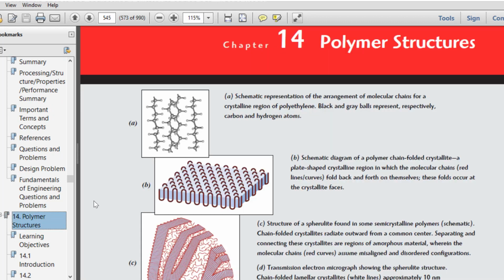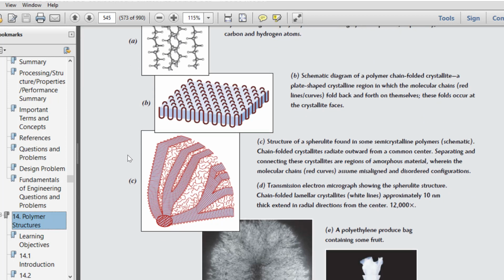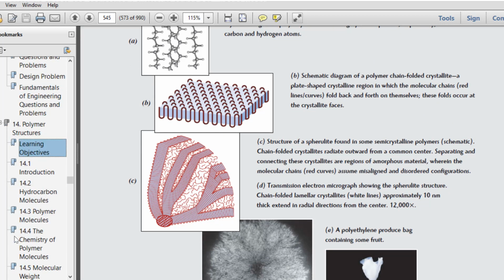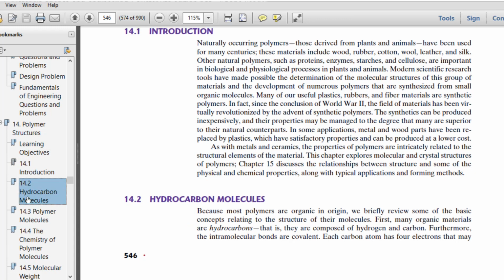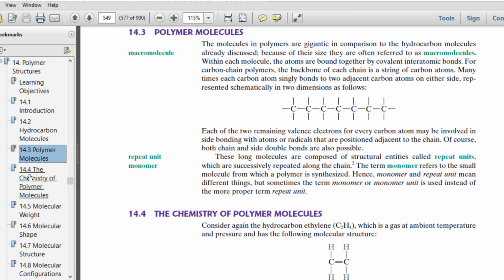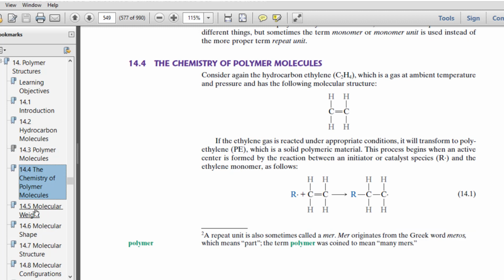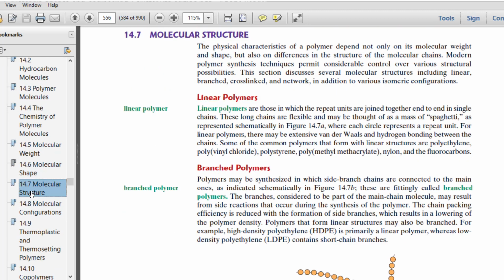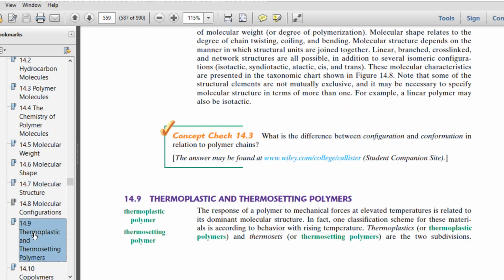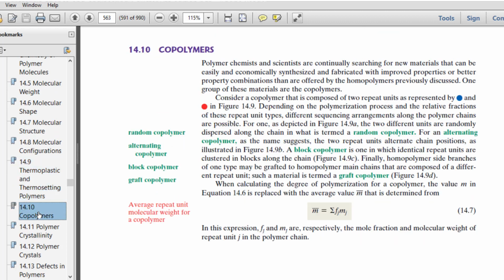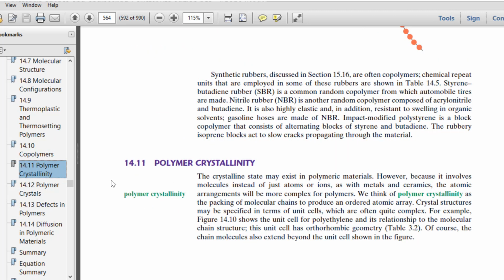Then the polymer structure, so chapter number 14, okay. See, chapter number 14 you will have to read completely, like hydrogen molecule, polymer molecules, chemistry of polymer, molecular, thermoplastic and thermosetting, copolymer, polymer crystallinity.